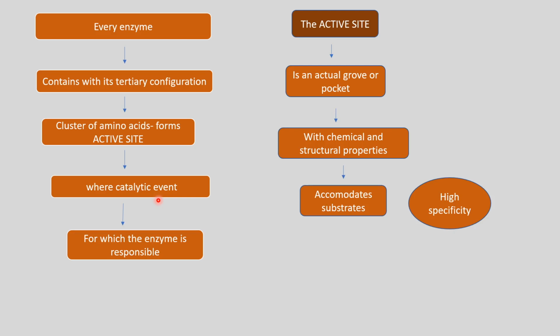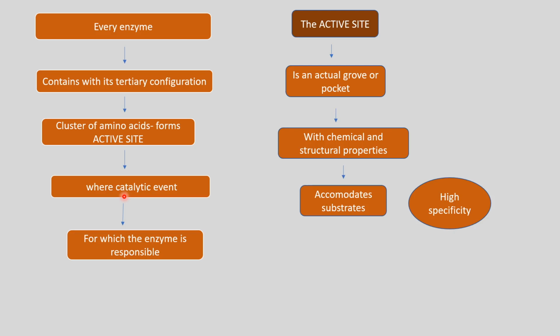One more thing that you might be thinking: what is a catalytic event? It is basically the process of catalysis. This is the process of increasing the rate of a chemical reaction, right, by adding something. Catalysis can happen by adding a substance like an enzyme, or a substance like inorganic catalysts, right?